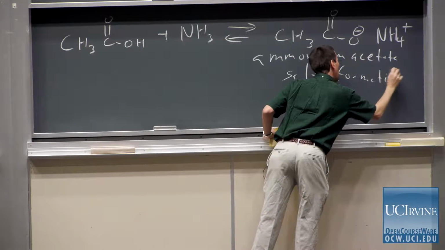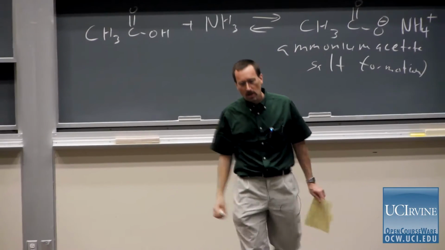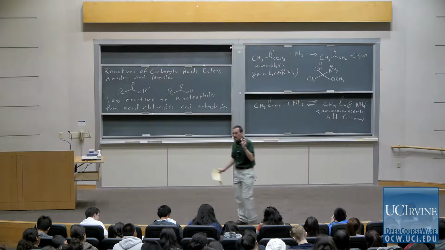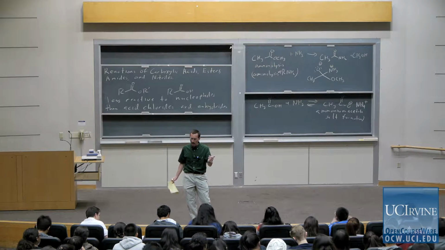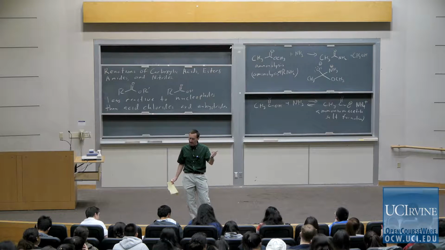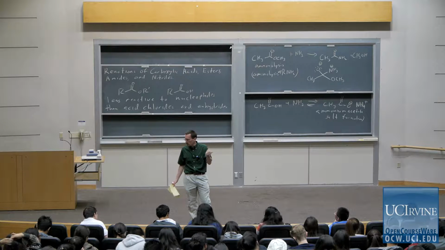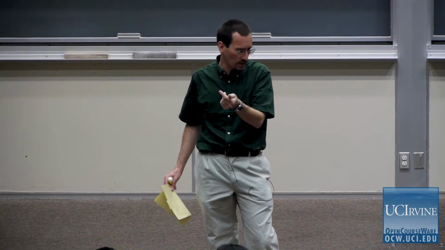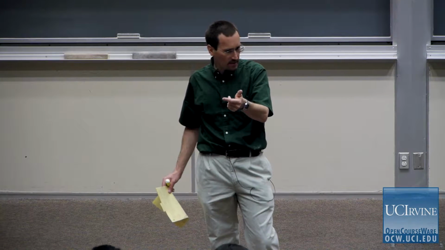And for the most part, you don't get an amide. Now, I say for the most part because under the right conditions, if you heat the crud out of ammonium acetate, if you heat the crud out of acetic acid and ammonia at high temperature, you will eventually get some acetamide out of there.